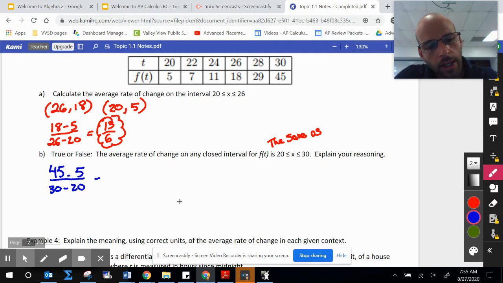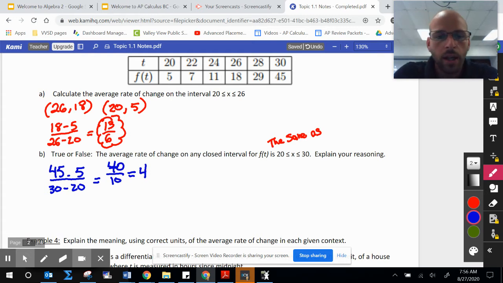And if I do that, I get 40 over 10, which is just the value of 4. Okay. So now, is there going to be any average rate of change between any two values of my table that will also give me the value of 4?